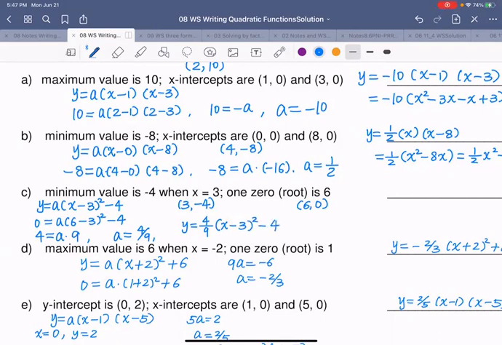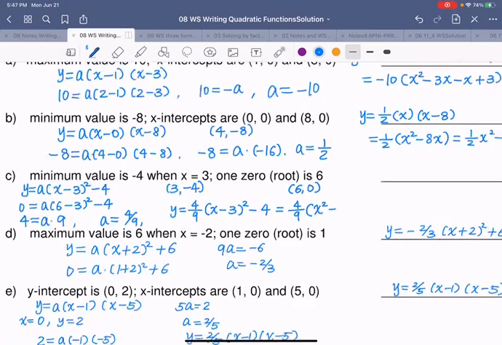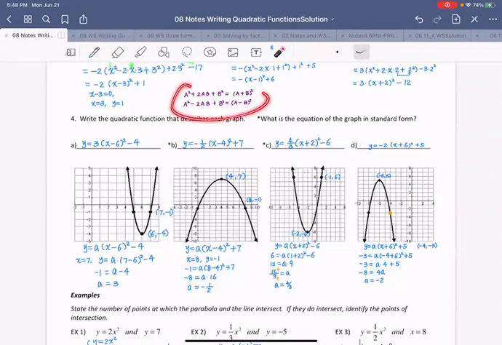Very good. Let's expand this one. 4 over 9 outside. At the beginning, I showed you this formula.